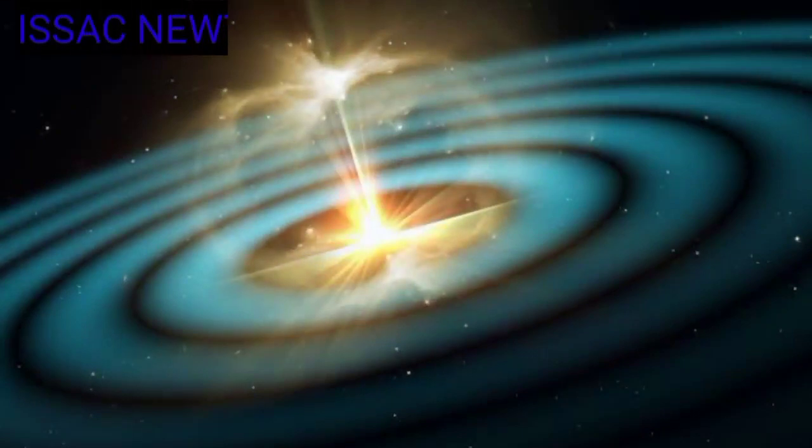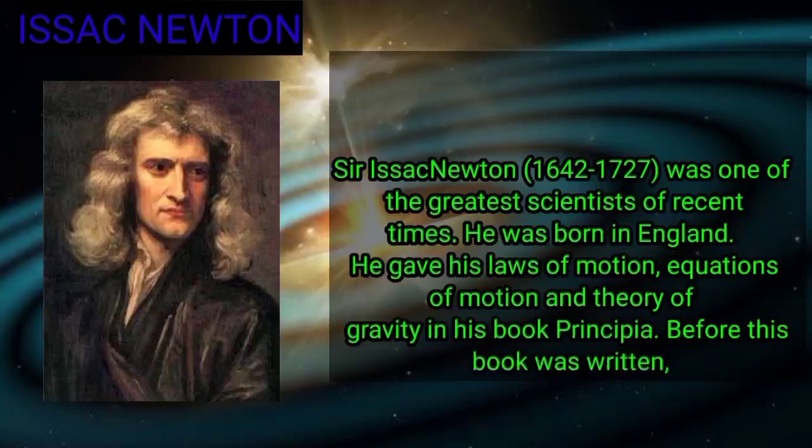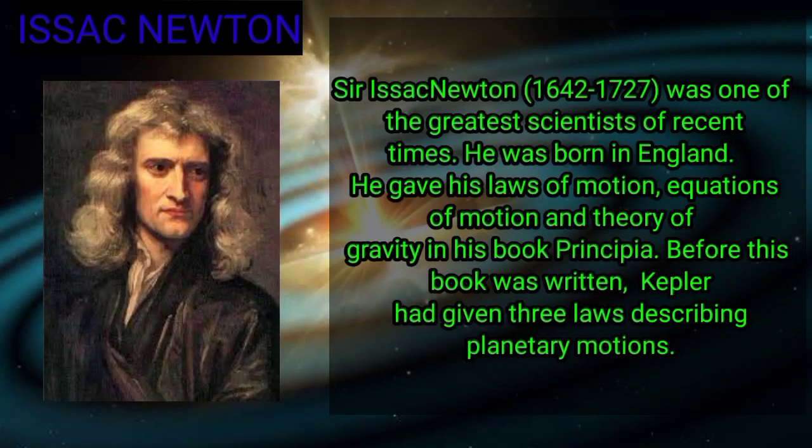Introduction to Scientist. Sir Isaac Newton, 1642 to 1727, was one of the greatest scientists of recent times. He was born in England. He gave his laws of motion, equations of motion and theory of gravity in his book Principia.